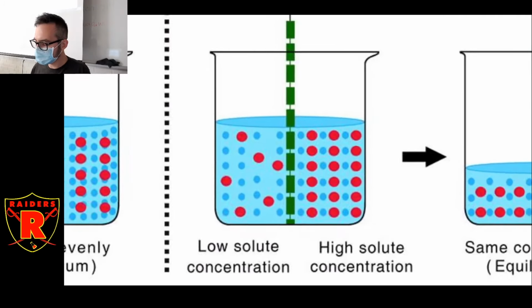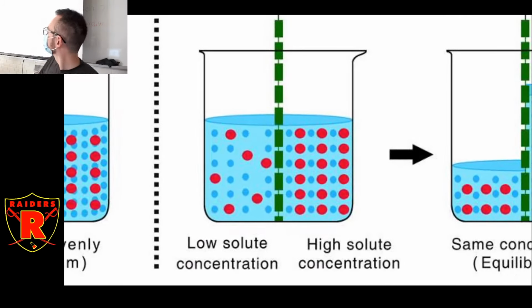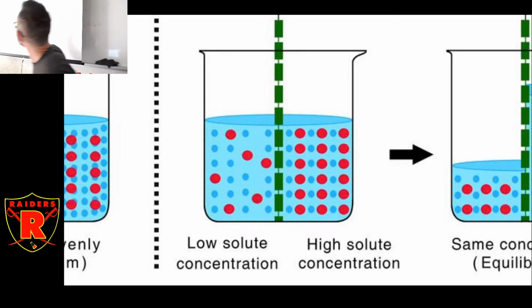So if you have a situation like this in a cell, where you've got a lot of solute on one side of a cell membrane and not very much solute on the other, but the solute cannot move across the membrane, okay?